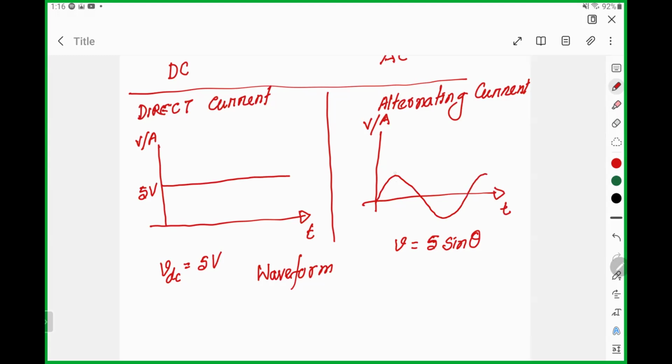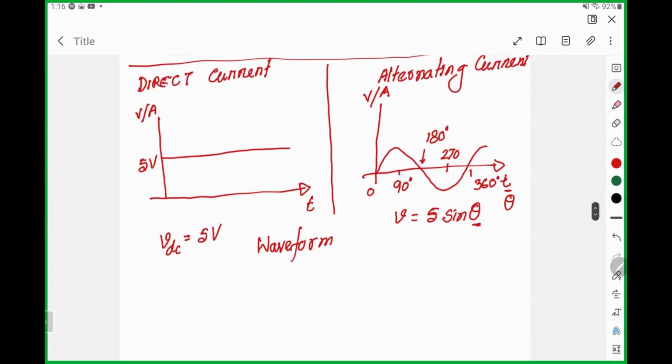And instead of t, this axis is theta. Then this will be equal to 90 degree, this is 0 degree, and this one would be 180, this one would be 270, and this one will be 360, and this will be repeating in this way, right?